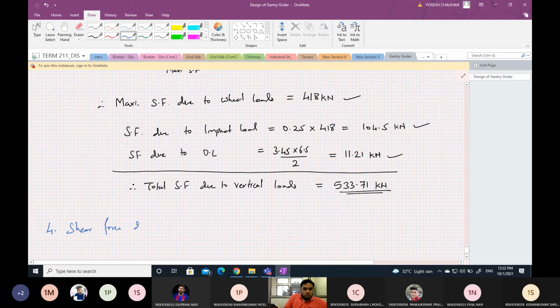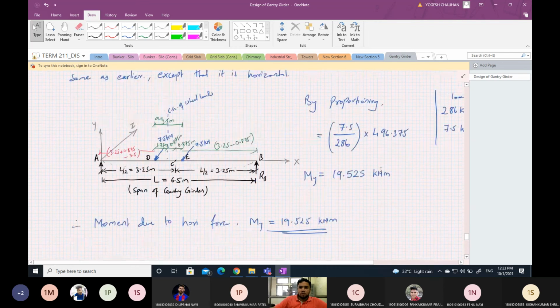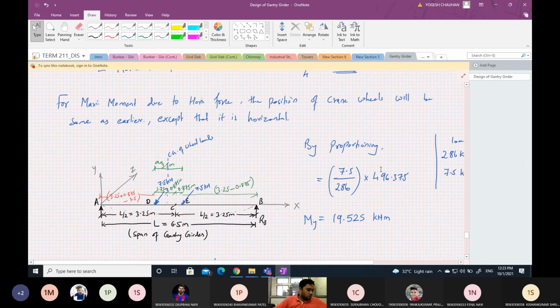Shear force due to horizontal forces. So again, by proportioning, because the position of the wheel load will be the same, the lateral shear due to surge will be equal to the surge load, again.